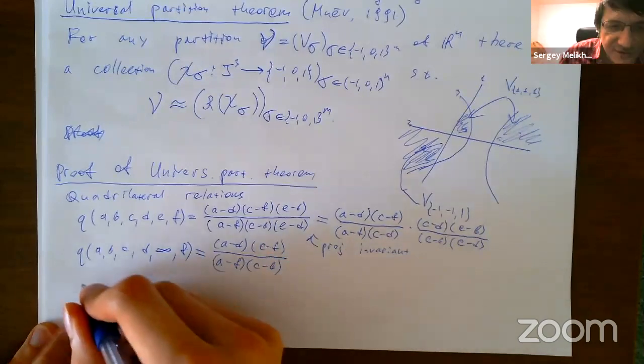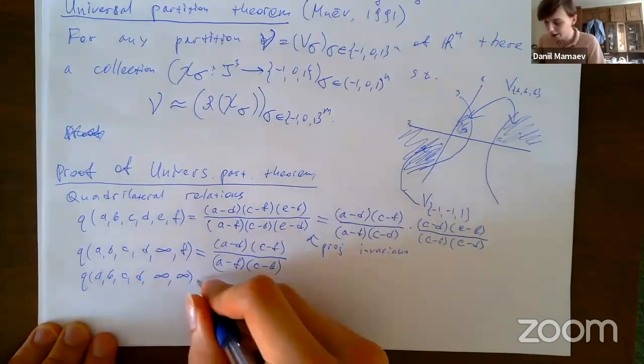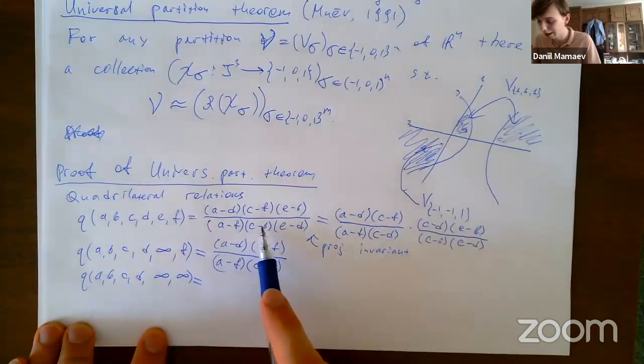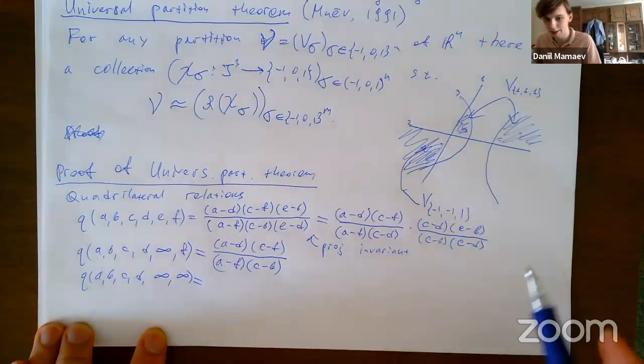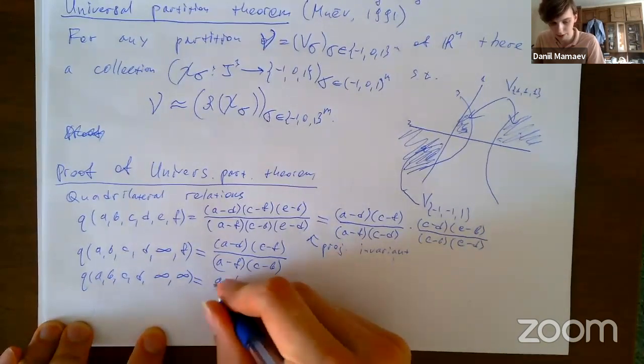If you insert two, it's called cross ratio. So our quadrilateral ratio is just the product of two cross ratios, and thus it is a projective invariant.